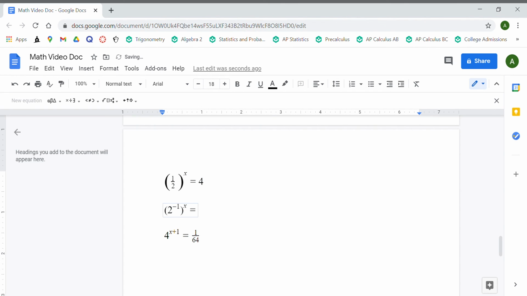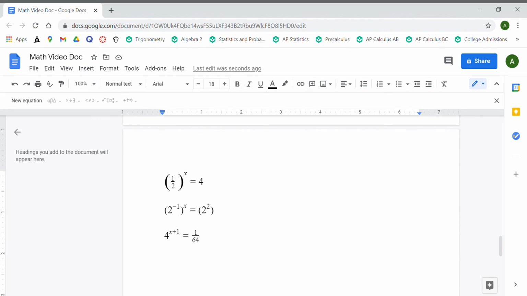And over here, we still don't have 2 as our base, but we know that 2 squared equals 4. So we can rewrite this as 2 squared, and that's it. Because 4 is raised to the power of 1.